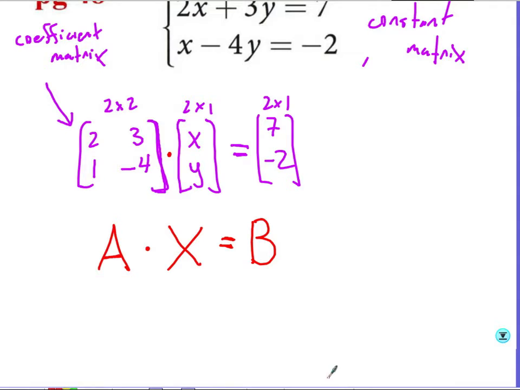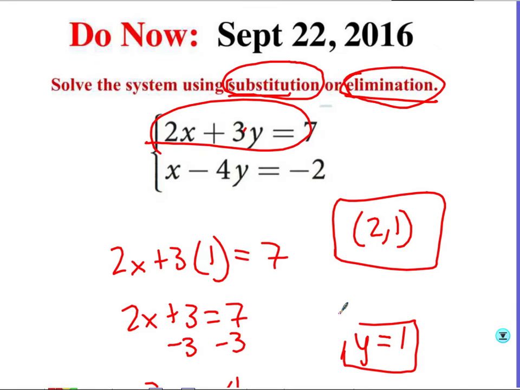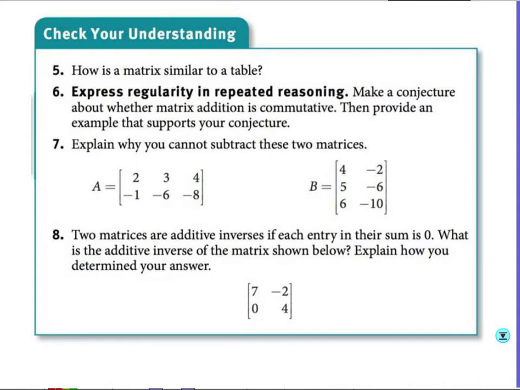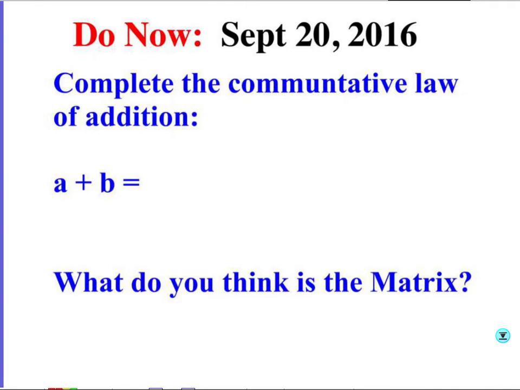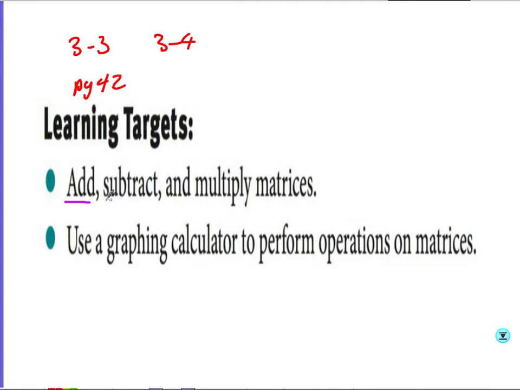But since these capital letters represent matrices, notice that at the beginning of our learning targets, we learned how to add, we learned how to subtract, and we learned how to multiply matrices. Why did we not learn how to divide matrices?